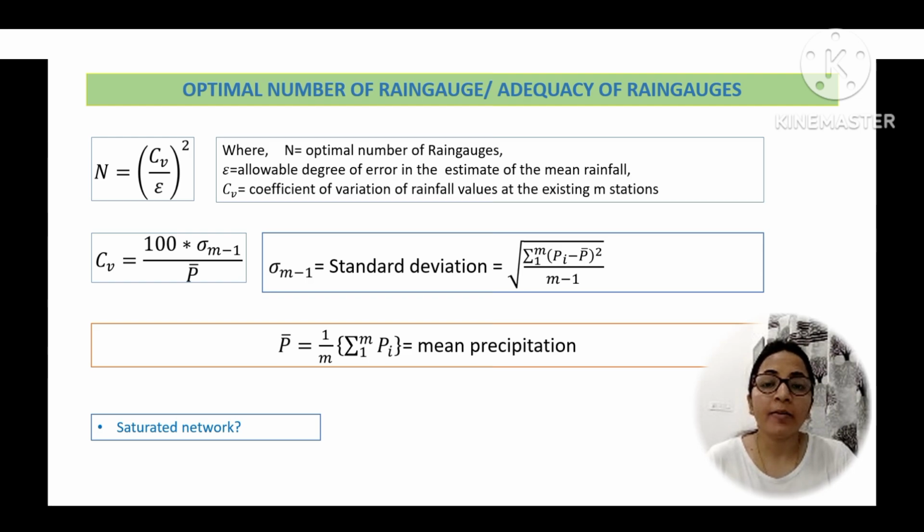While in India, 16 rain gauges are provided for 1000 square kilometers. And in the rain gauge network, 10% of the rain gauges must be self-recording type rain gauges. So that is all about the rain gauge network or rain gauge density and the adequacy of rain gauges. So thank you so much.